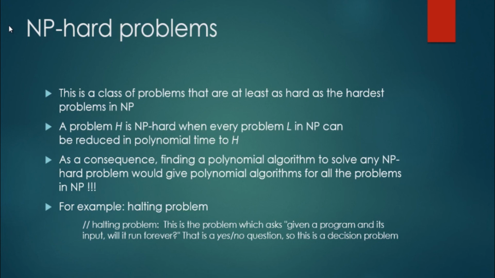So it would be the best if any of you could find a polynomial algorithm to solve any NP hard problem, such as the halting problem. Then it means that all the problems in NP could be solved in polynomial time, very efficiently, very fast.